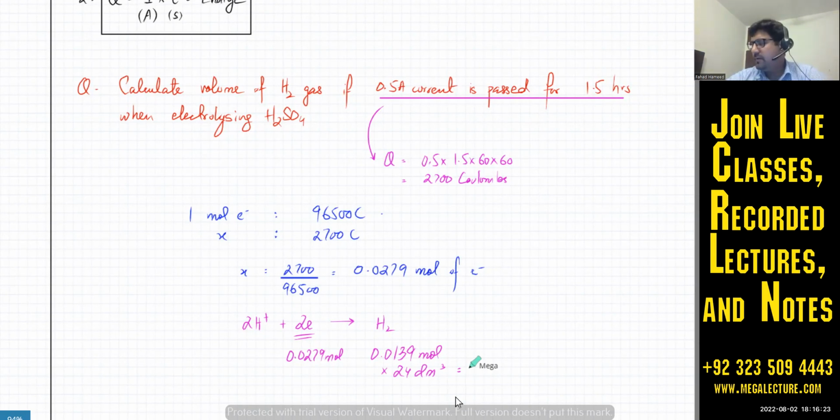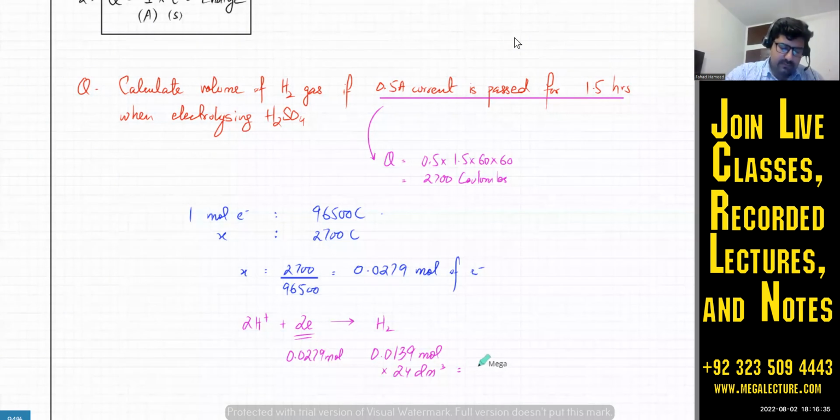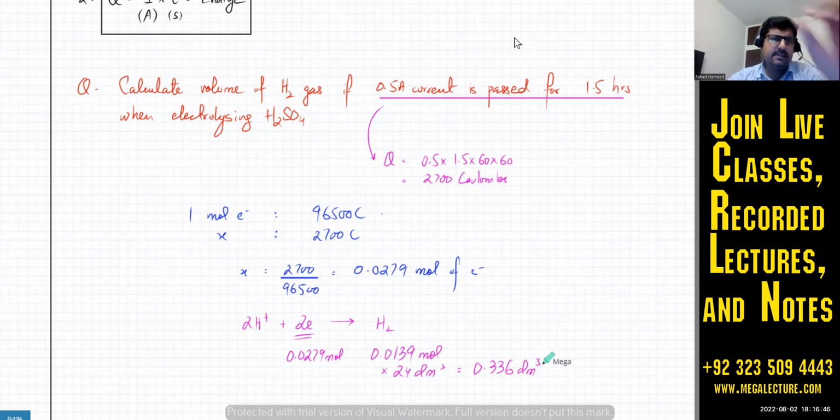Into 24, what do you get for this? So this one is 0.336 dm cube.